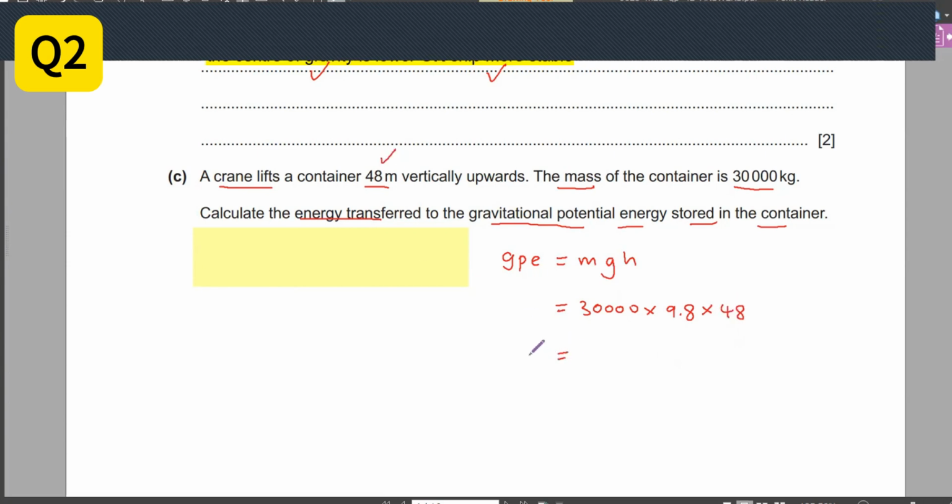If we evaluate this, we're going to get 1.4 times 10 to the power of 7 joules. Here we round to two significant figures. You can see here, two significant figures, so the answer is also rounded to two significant figures.